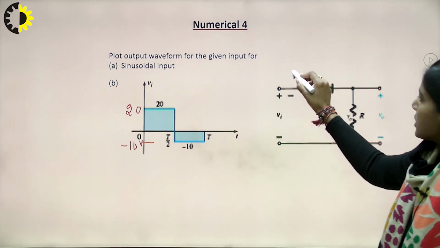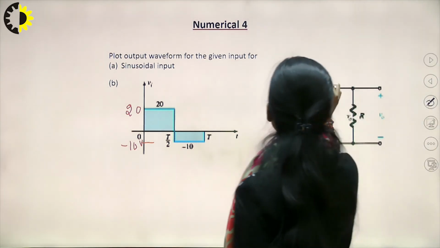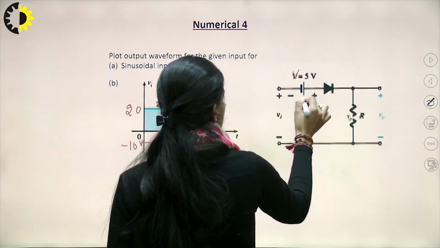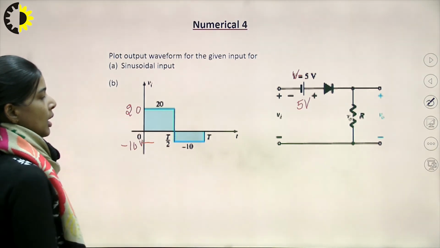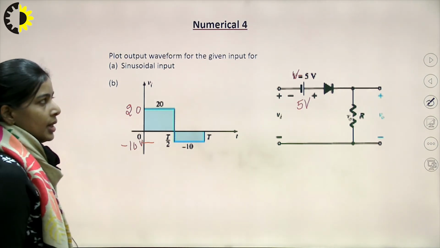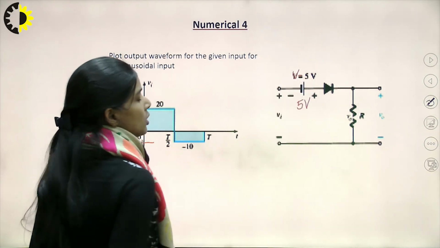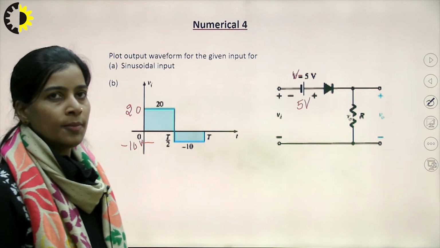Here the circuit is similar to that of the previous one. Here we have V as 5 volts, this is the 5 volt supply that is connected along with this input. So, this 5 volts will get added or subtracted depending upon the polarity.